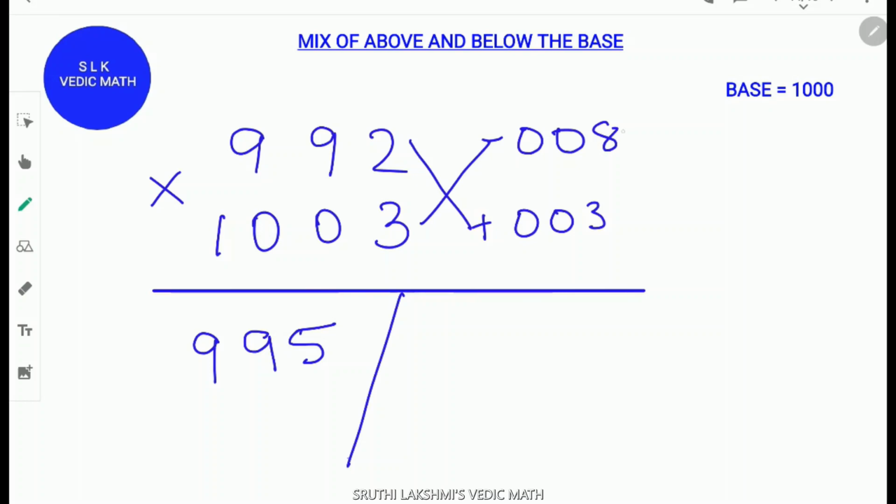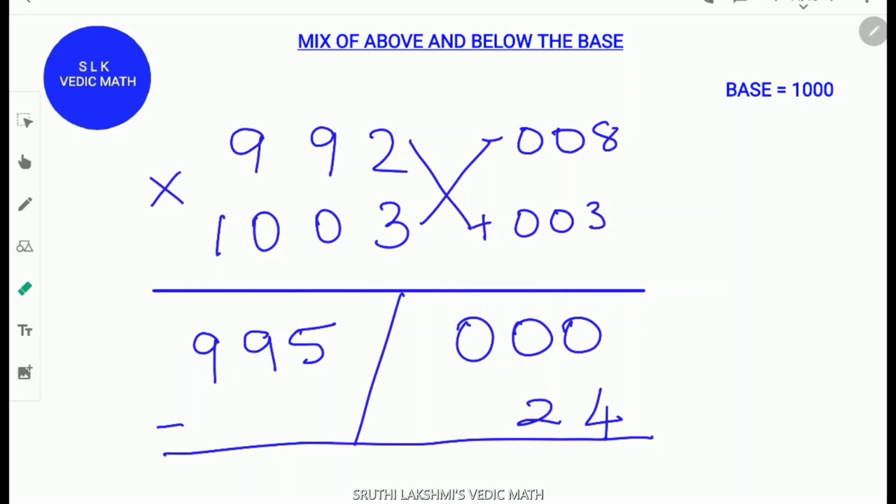Next, we multiply 8 times 3, which is 24. Since it's minus times plus, it's always minus, so it's minus 24. So we put 3 zeros over here because the base 1000 has 3 zeros, and we subtract it from 24. So 995000 minus 24.